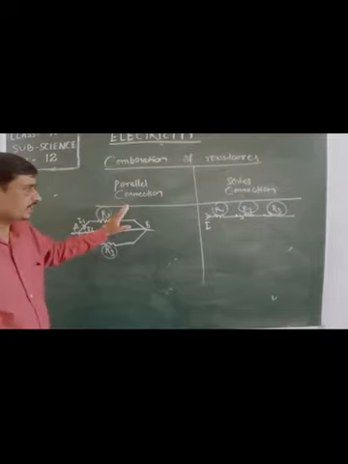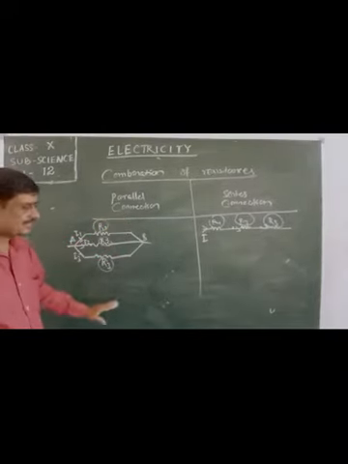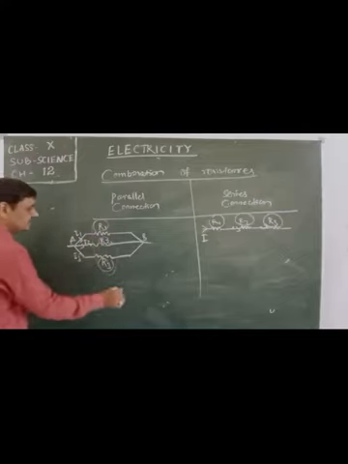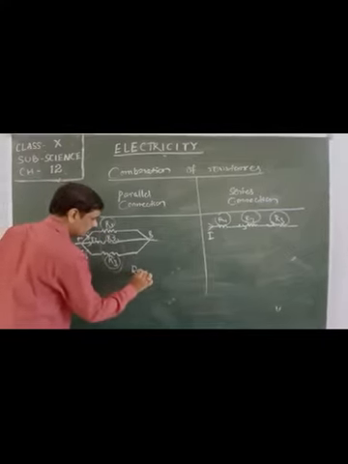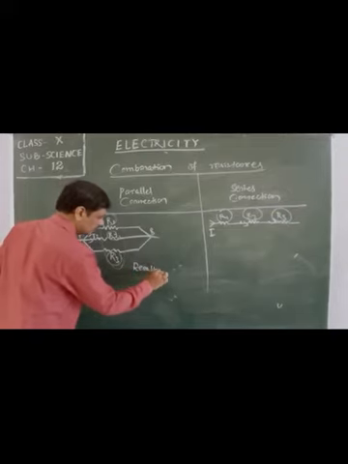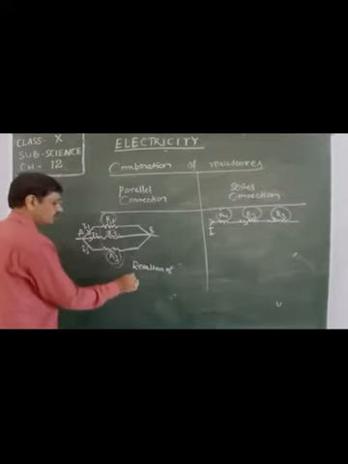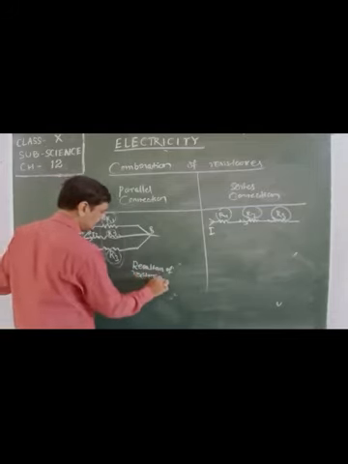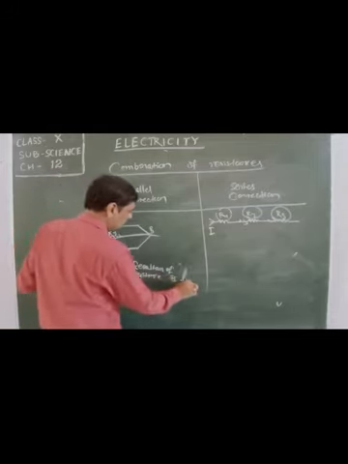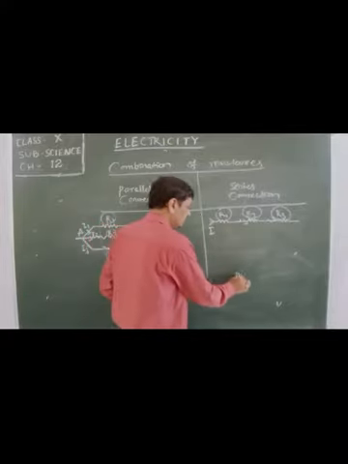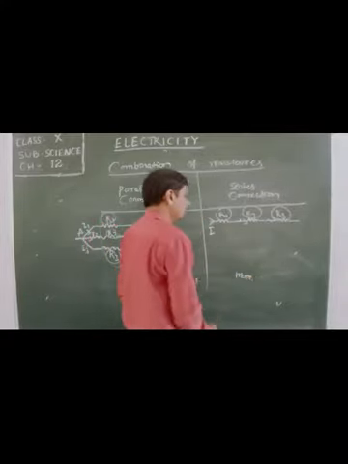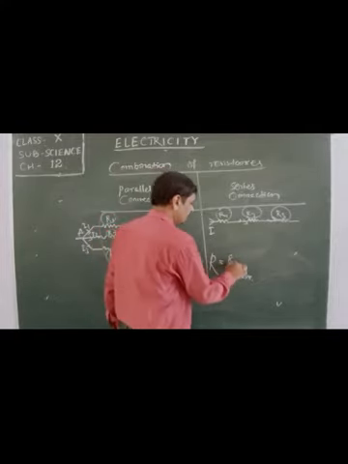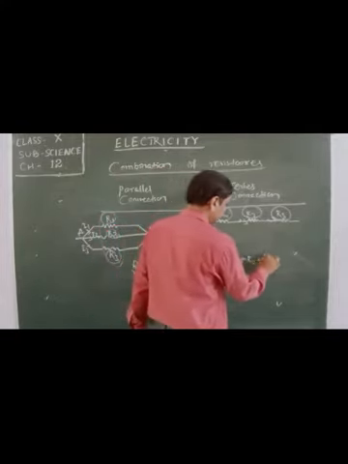Next, the resultant resistance. In a parallel connection the resultant resistance is low, but in series it is more. In series, the resistance is calculated as R1 plus R2 plus R3.